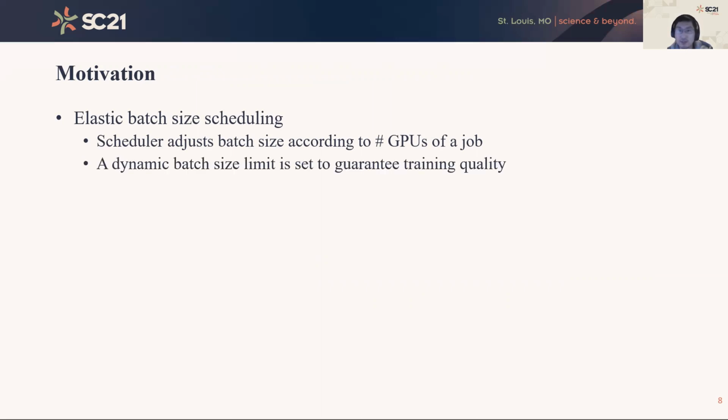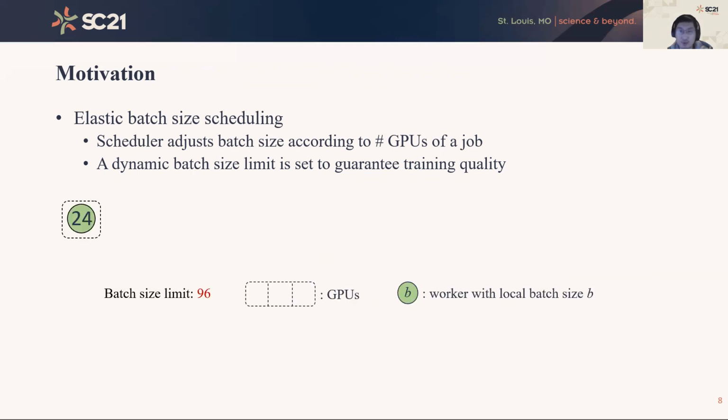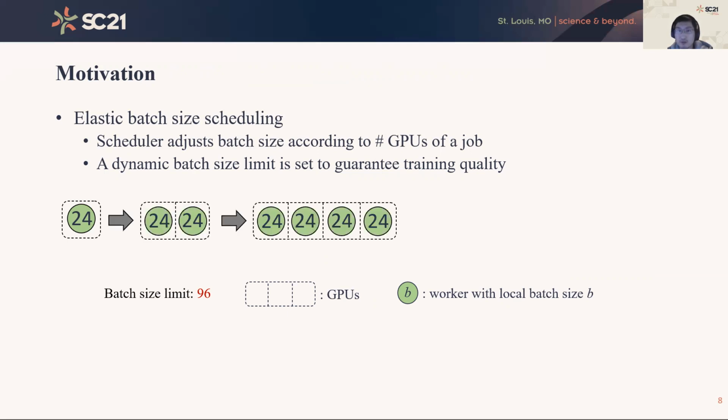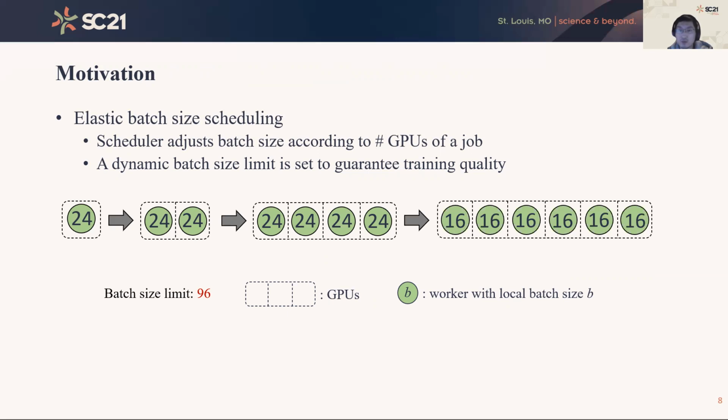Also, to guarantee the training quality, we set a dynamic batch size limit for each job to avoid the generalization problem of too large batch size. For example, suppose we have a job with batch size of 24 and the limit is 96. On 2 or 4 GPUs, each GPU holds a batch size of 24, while on 6 GPUs, each one holds a batch size of 16.